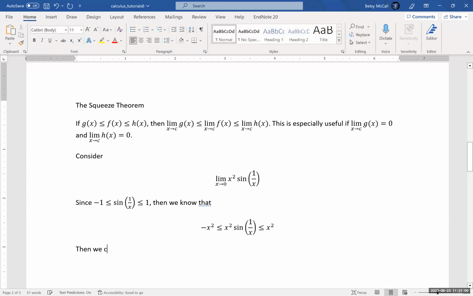And then we can say that the limit for each function will follow the same inequality.